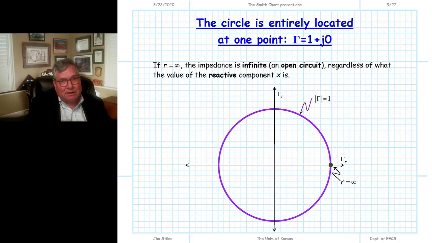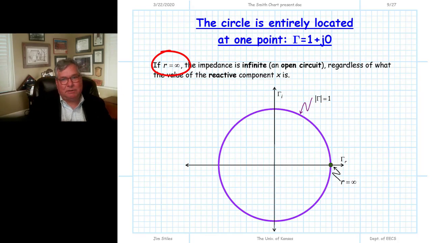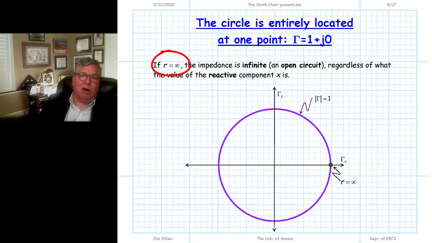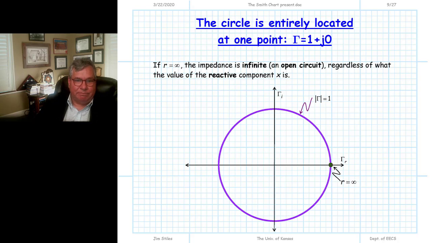And in fact, that's all we have with respect to a contour in the normalized impedance plane that is described by r equal to infinity. Every single point on that contour has a magnitude which is equal to infinity. The vertical contour, r equal to infinity, is an infinite distance away from the vertical axis.